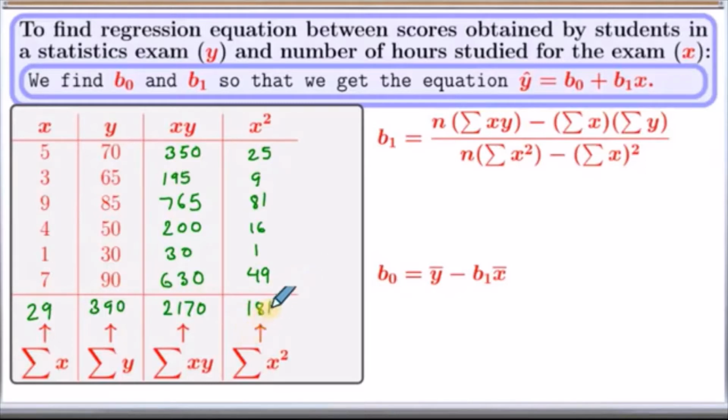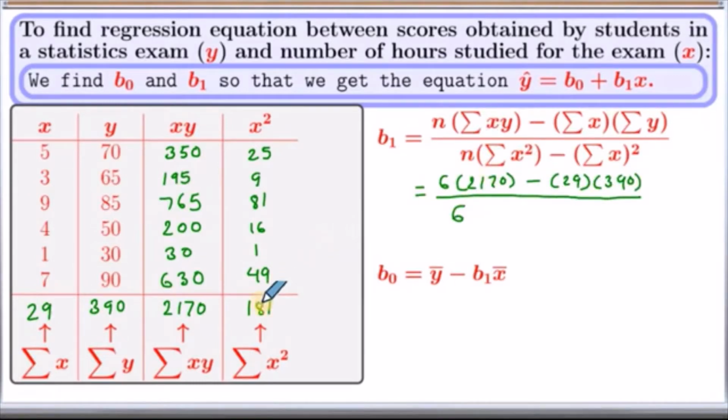Now, let's plug these values into this formula here. So doing that, we get our n is 6. And our sum of xy, which is 2170. So let me write that down here, 2170 minus our sum of x, which is 29, times our sum of y, which is 390, over our n, which is 6.